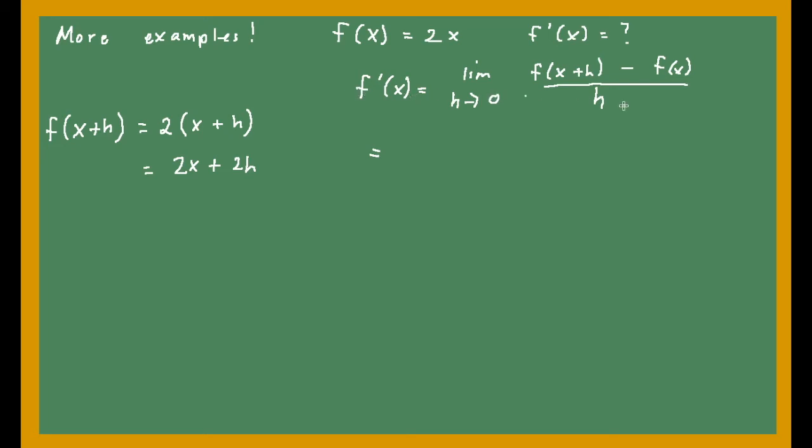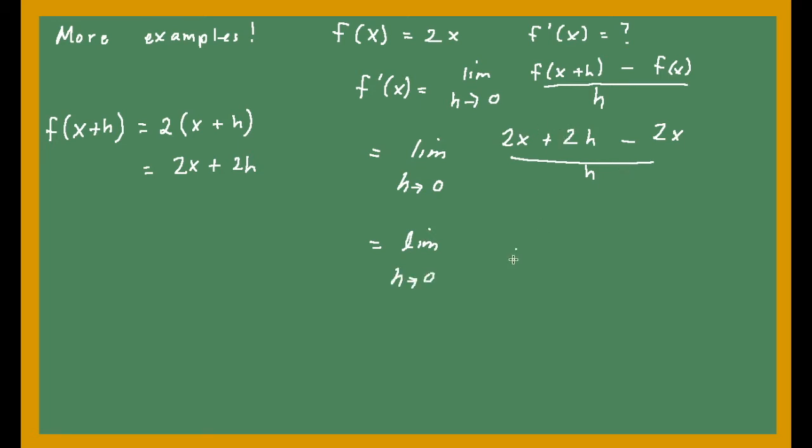It says the derivative is equal to this, and now we know what f of x plus h is. It's 2x plus 2h. We'll need to subtract f of x. That's just 2x. And that's all over h. We need to simplify this a little bit, so we'll have the limit as h approaches 0.